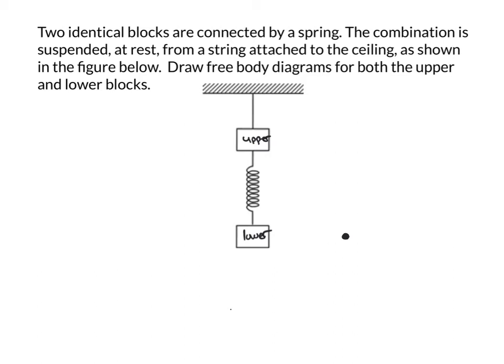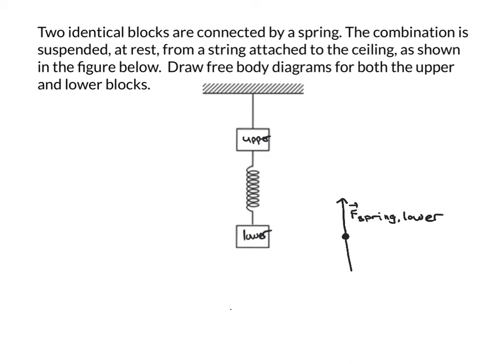If you stretch a rubber band in your hand and feel which way the forces are exerted, it's pretty obvious that this stretched spring is going to exert an upward force on the lower block. So we'll call this F spring, lower. That's the force of the spring on the lower block, and that's the only contact force. And then there's, of course, the force of gravity that acts on the lower block, and that is obviously a downward going force.